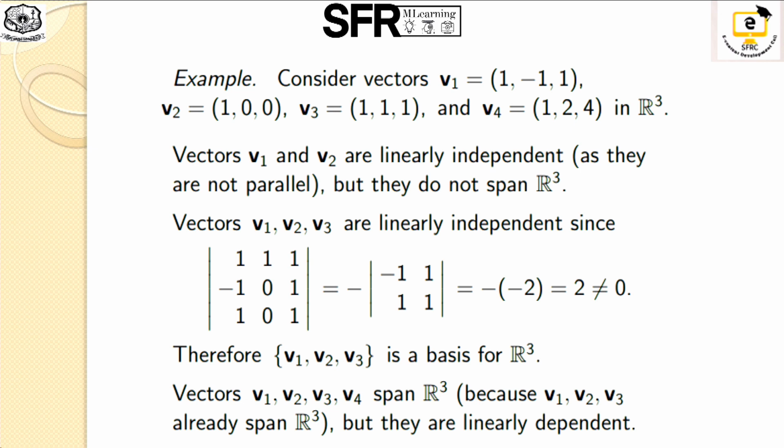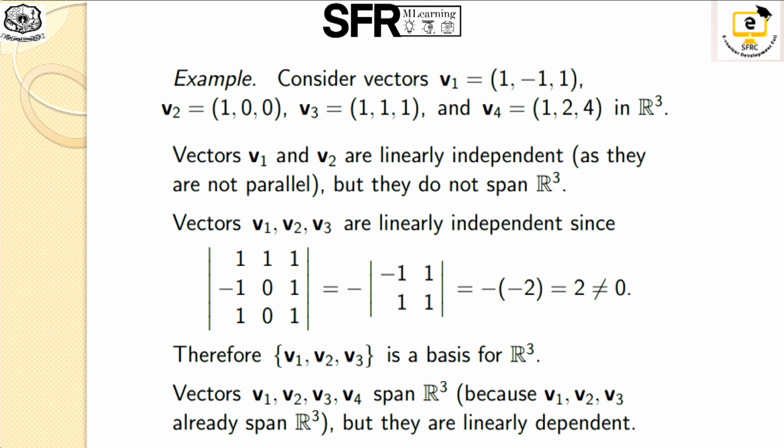Suppose we add v3, then v1, v2, v3 are a linearly independent set, that is, their determinant value is 2, which is not equal to 0, and they span the whole space R cube.